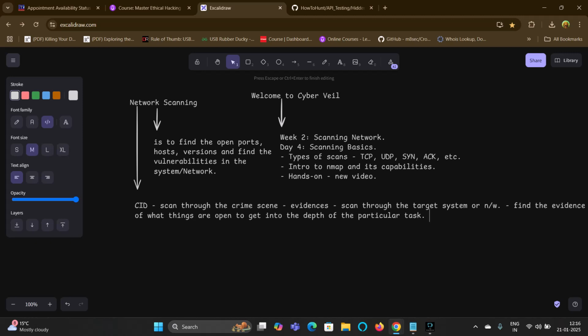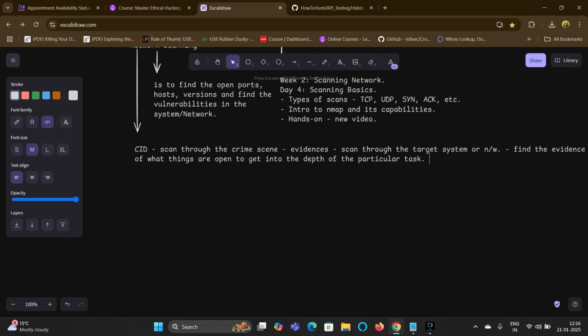They found the networks, they built a network: yes, this person was connected here, this person was connected there. So they go to the network and try to find the loopholes. It is the same with network scanning: we try to get into the system and find the loopholes. That is the target of network scanning. I hope it is pretty clear to you now.